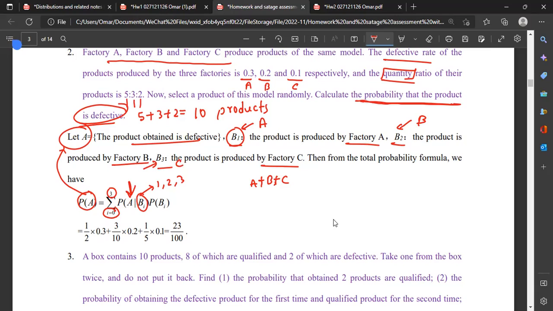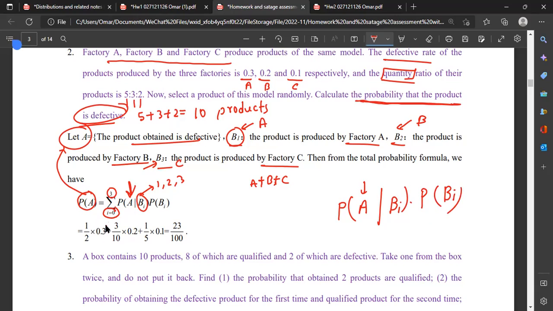So probability of A, that means the product has to be defective, and we are interested in A, given that the condition is the product is from the Bi company, it can be from A, B, or C company, and then times the probability that the product is taken from the Bi company. So you see here P of A given B1, the defective rate of A company.